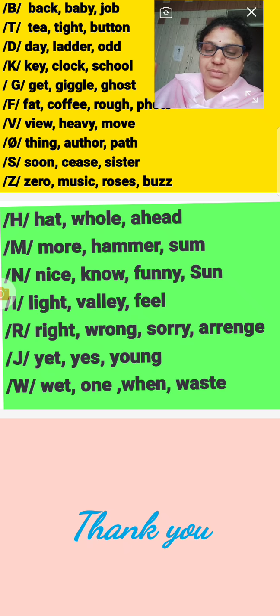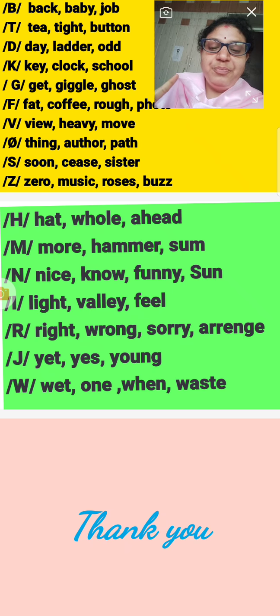Remember that. Next, come to the W. W is very easy: va. You have to see va, vi, vu. Wet, one. O-N-E has no W, but it also comes under the W sound.